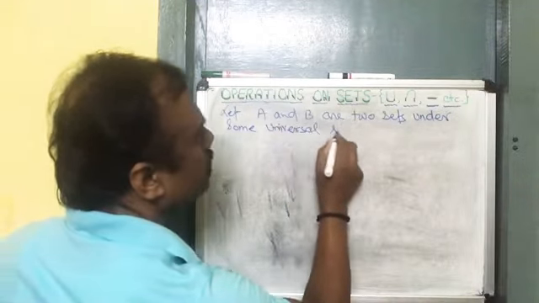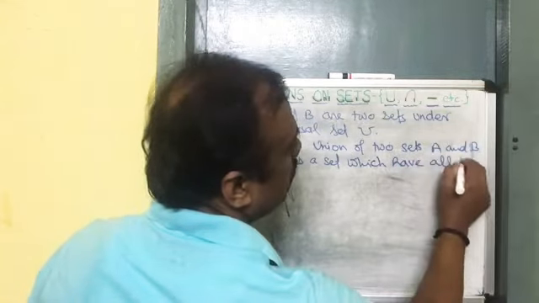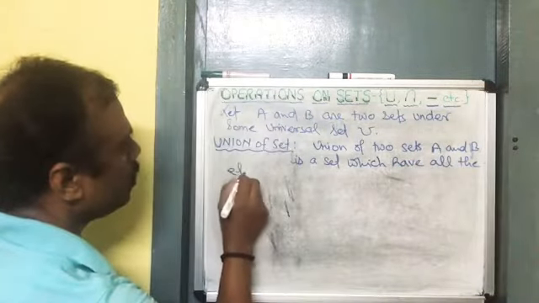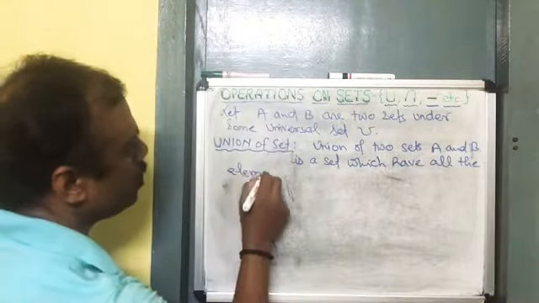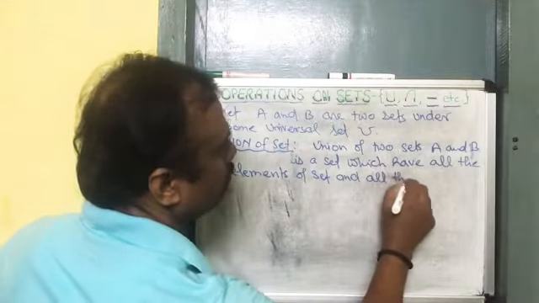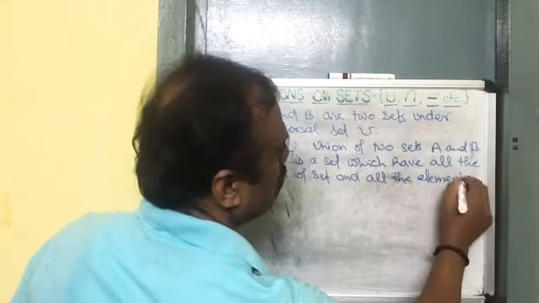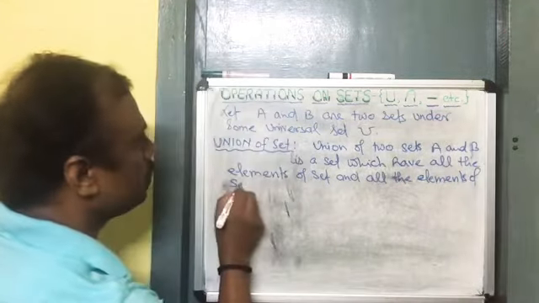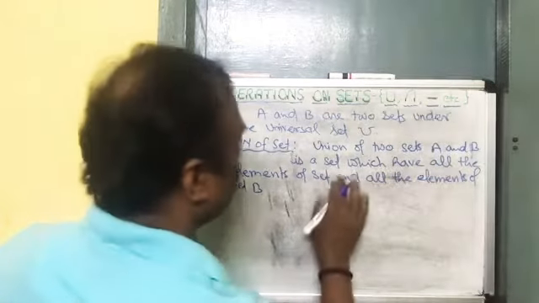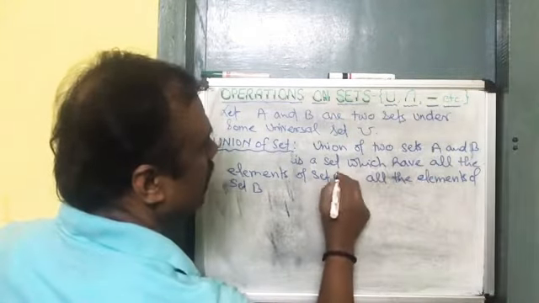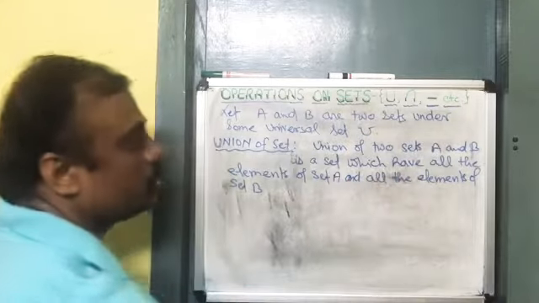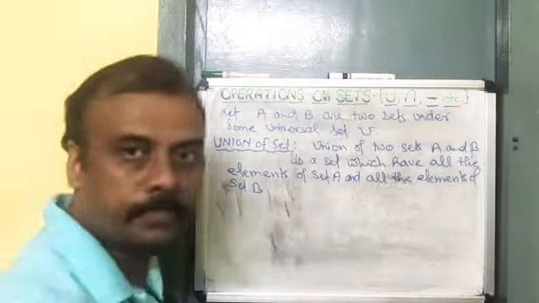Union of two sets A and B is a set which has all the elements of set A and all the elements of set B.